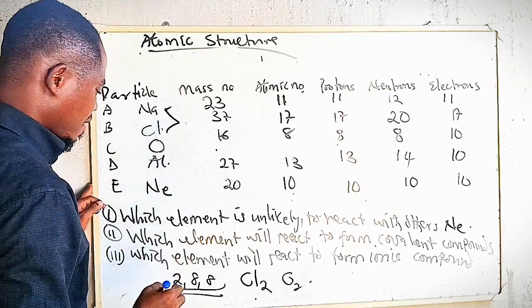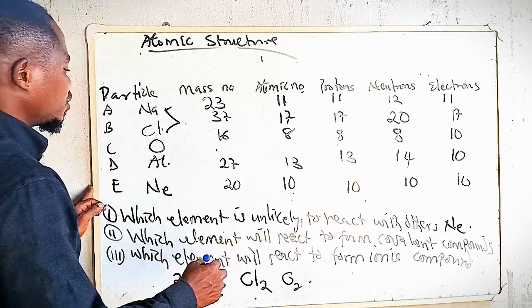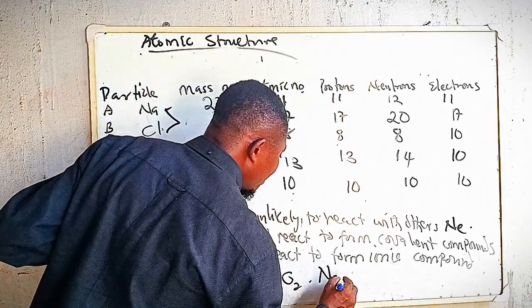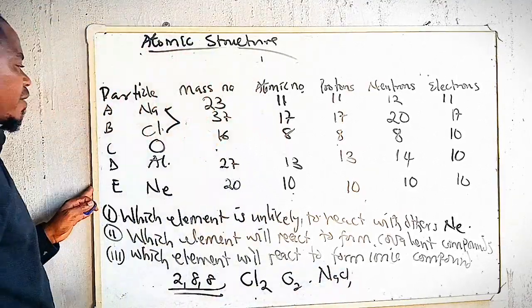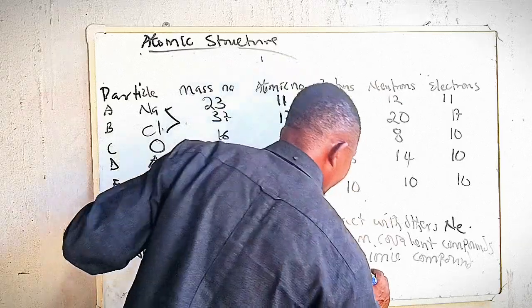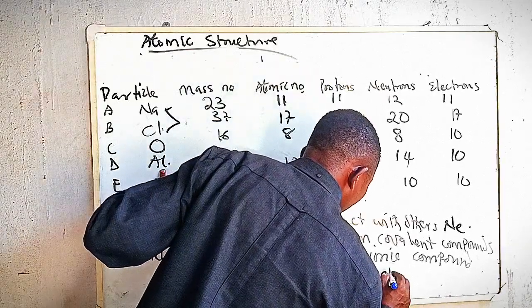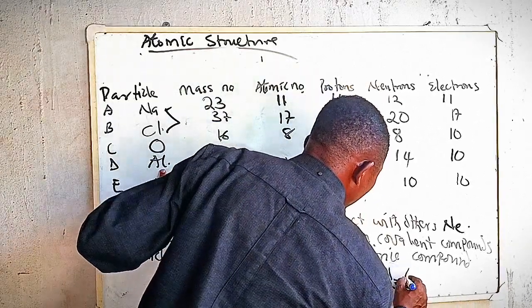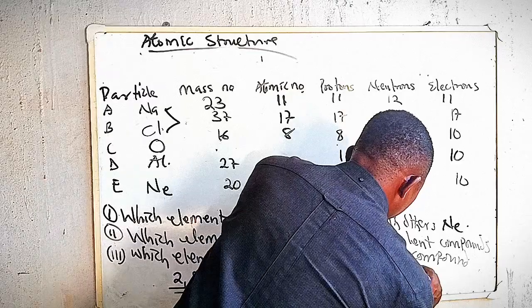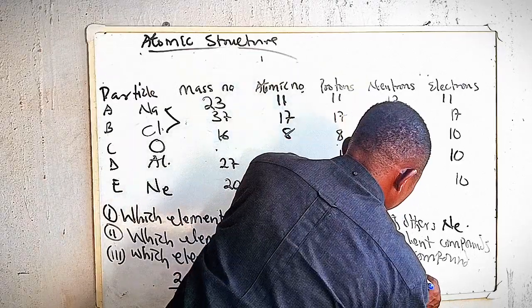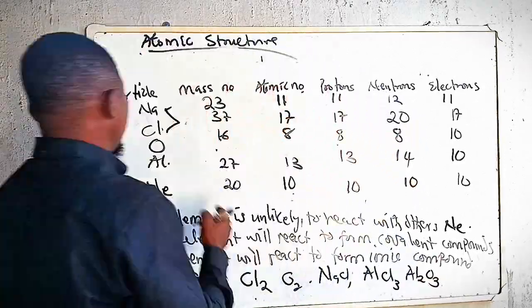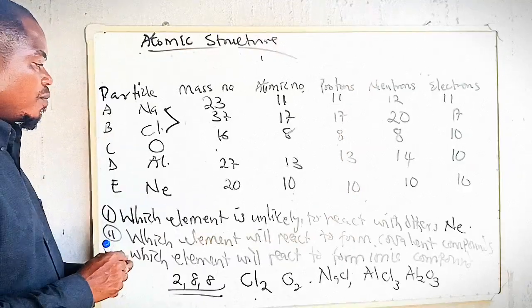So we have sodium and chlorine forming sodium chloride. Also aluminium and chlorine can form aluminium chloride, and we can also have aluminium reacting with oxygen to form aluminium oxide, and even sodium reacting with oxygen to form sodium oxide.